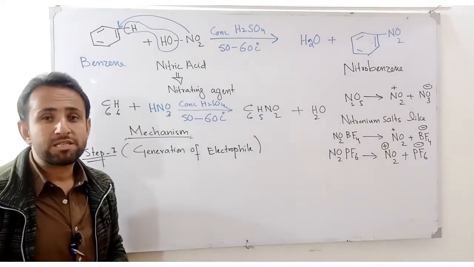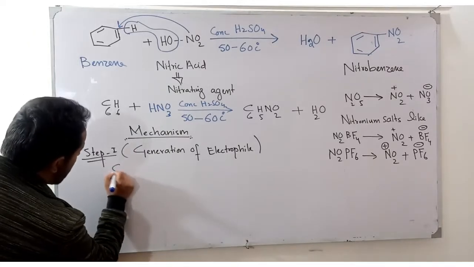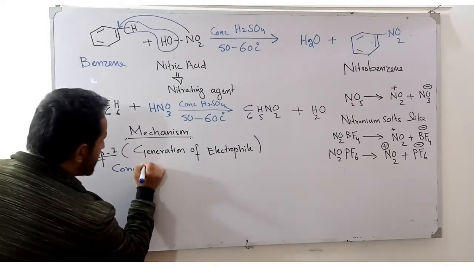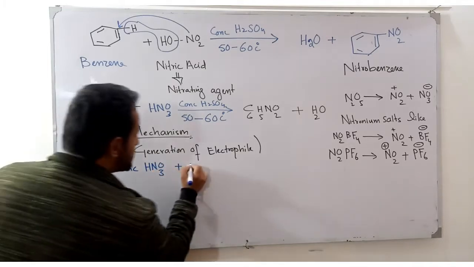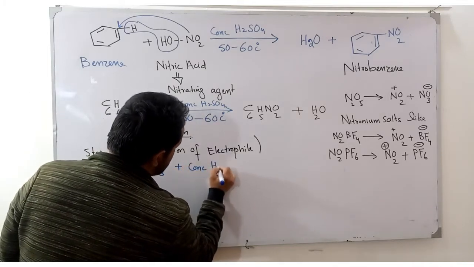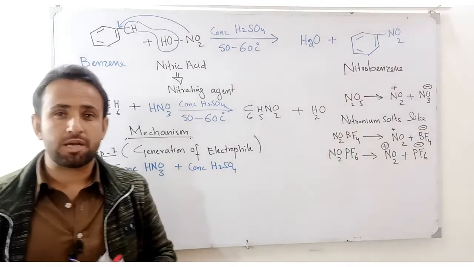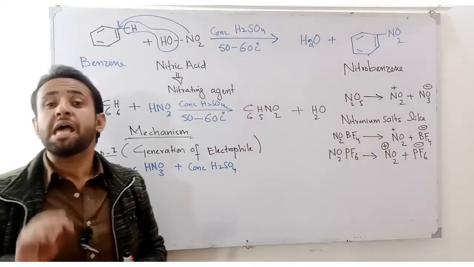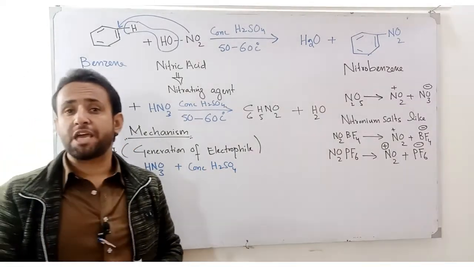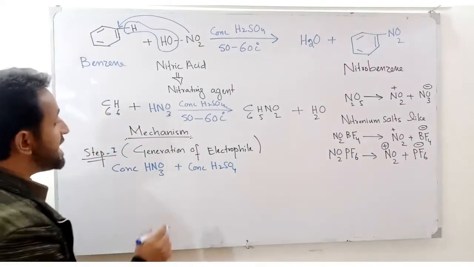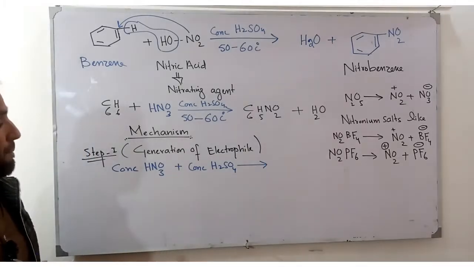How is the electrophile formed in the first step? Look at this. Suppose I am taking concentrated nitric acid, HNO3, with concentrated sulfuric acid. When I treat concentrated nitric acid with concentrated sulfuric acid, three types of materials will be formed.